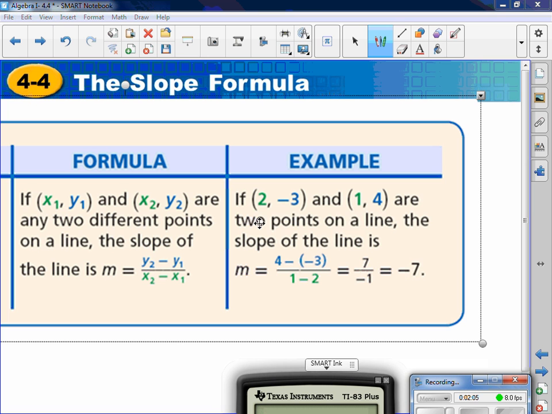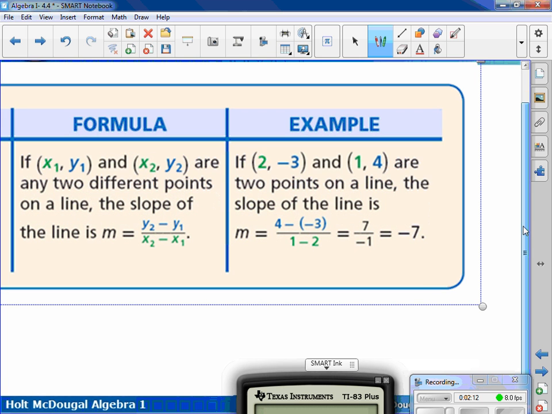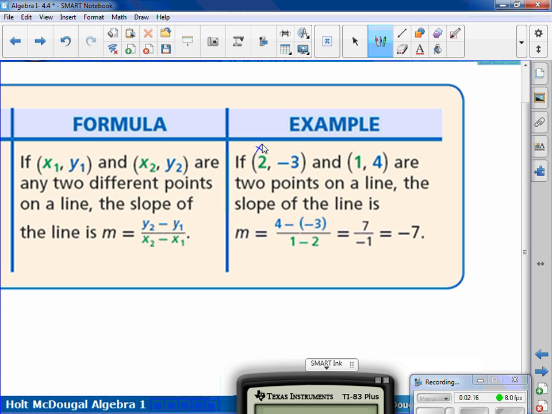If we have the points 2, -3, and 1, 4, it doesn't matter if I call this 1 and these 2's.